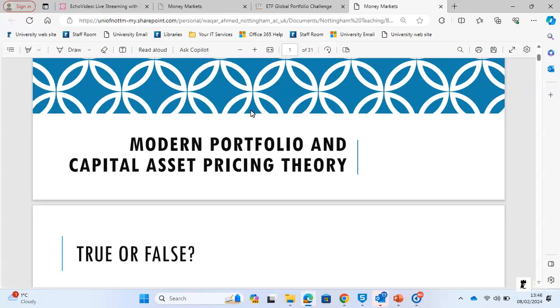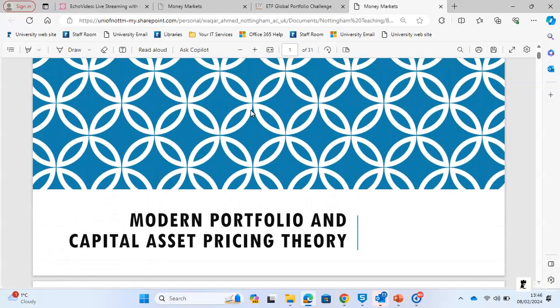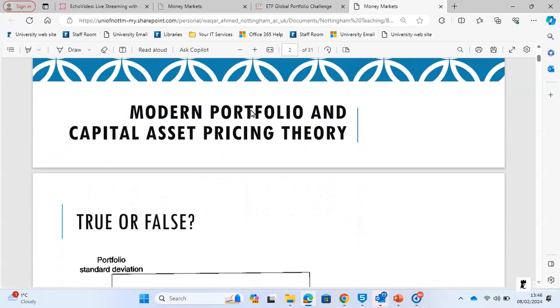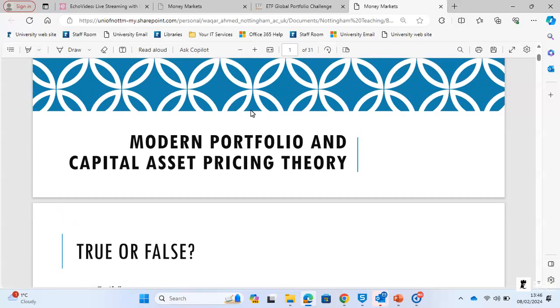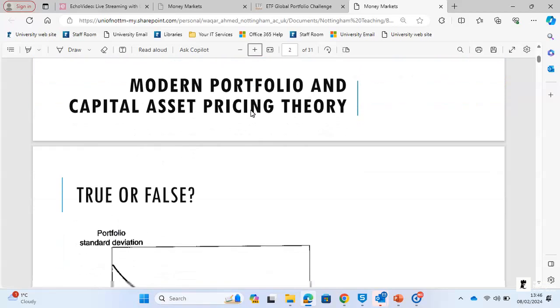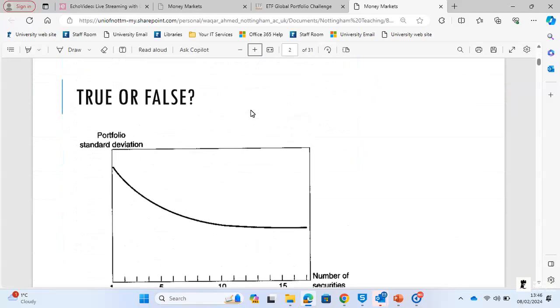The term modern may not be quite relevant now, because this modern portfolio theory was first presented way back in 1958 by Henry Markowitz.